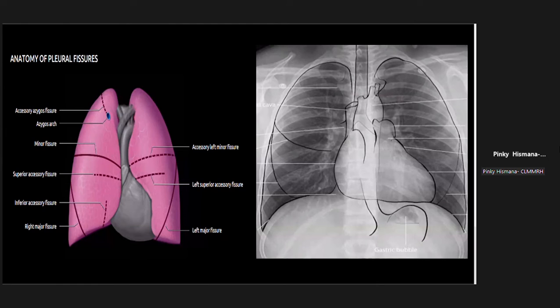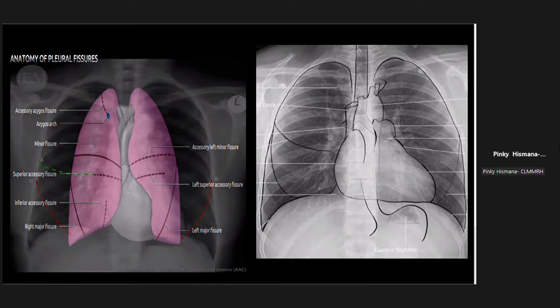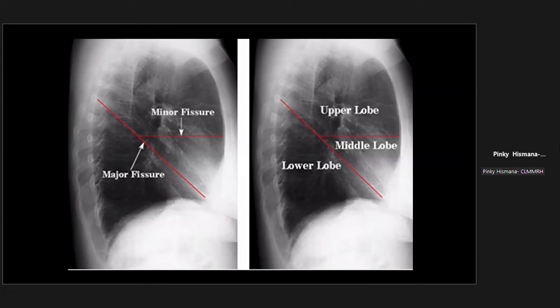Basically, what we use here to delineate between the middle and upper lobes would be the fissures. So we have the right and left major fissures or oblique fissures, and at the same time, we have the right minor fissure. These are basically the three main fissures we use to localize which lobe is affected.